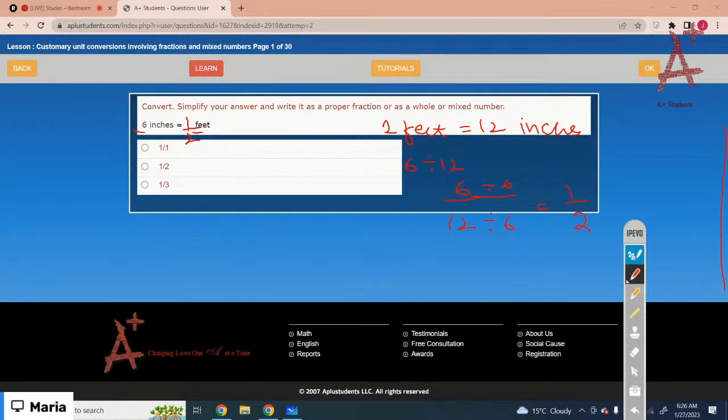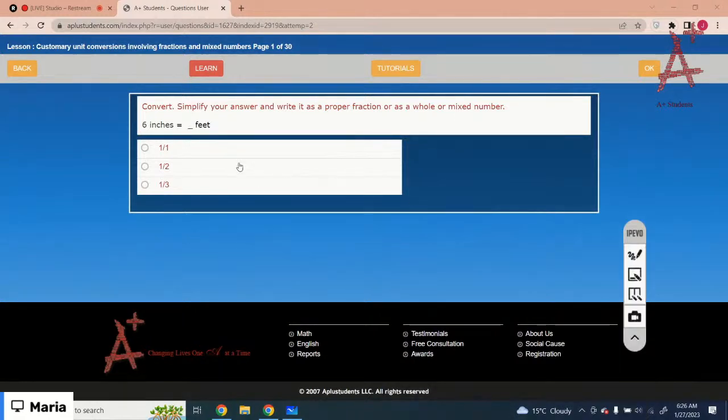So 6 inches equal half of a foot. Got it?